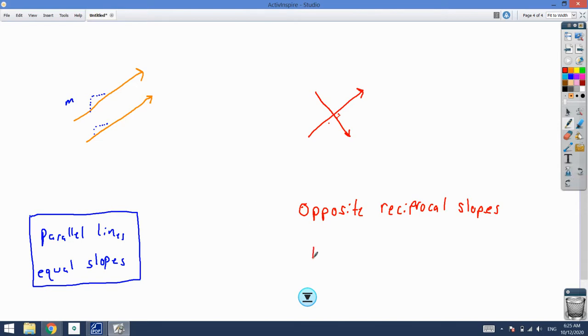Let's stick with m. m1 equaling negative 1/m2. So you have your slope being the opposite, and the reciprocal just means 1 over that. So you have opposite reciprocal slopes for perpendicular lines.